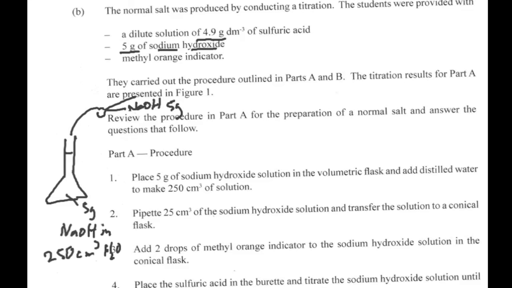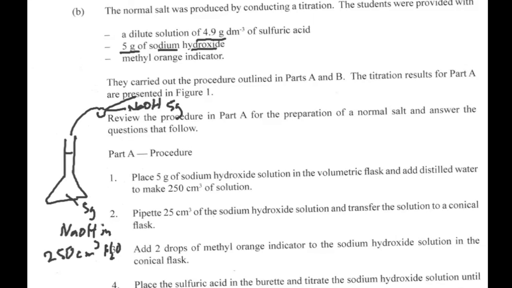Then, after we invert this a few times, we'd pour it into a beaker, then pipette from the beaker and transfer this to a conical flask. So pipette 25 cm³ of the sodium hydroxide solution and transfer the solution to a conical flask. Then add 2 drops of methyl orange indicator to the sodium hydroxide solution in the conical flask.